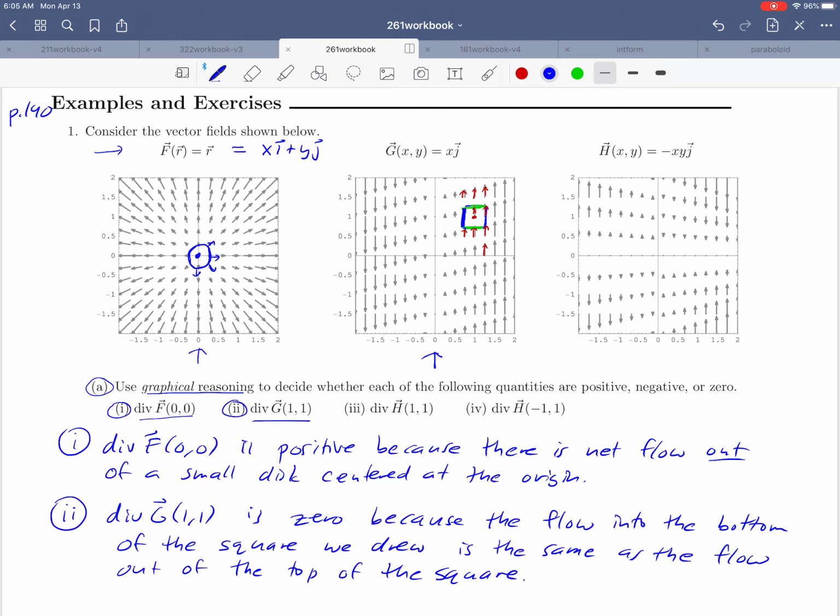Okay, so the inflow equals the outflow, and so the net is 0, giving us a divergence of 0.